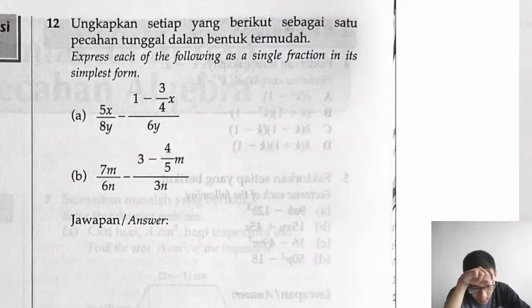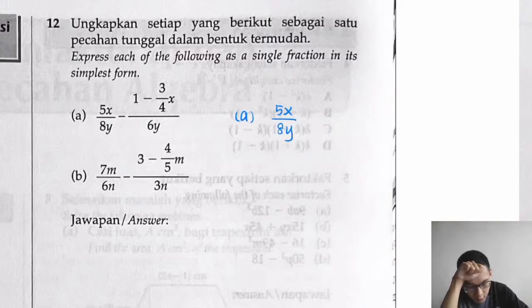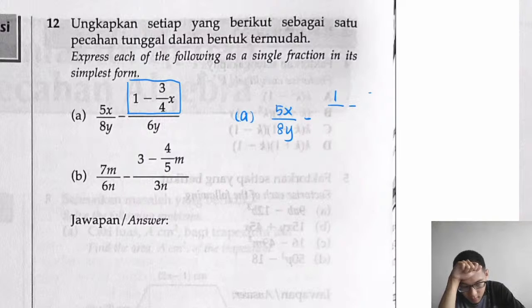So for part a, let's say we have 5x minus 8y. We try to simplify this one first. We know it has 1 minus 3 over 4x, but actually we cannot. We try to become the same denominators.